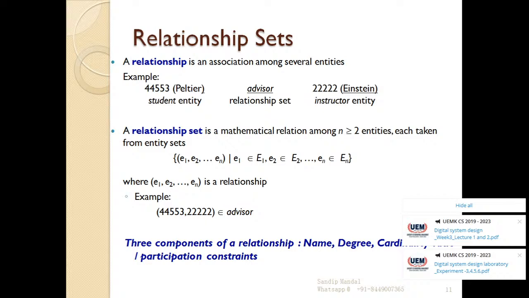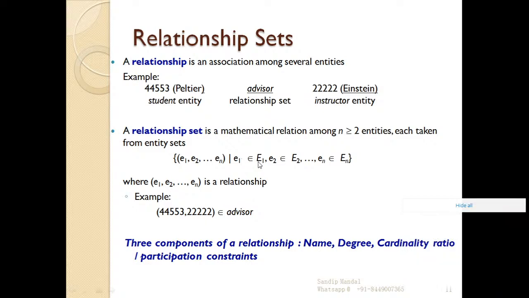Here we design a set (e1, e2, ..., en), where e1 belongs to entity set 1, e2 belongs to entity set 2, and en belongs to entity set n. Each entity is connected with other entities through some relationships. So these particular sets are considered as the relationship set. Got my point?